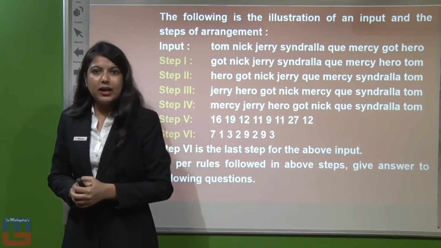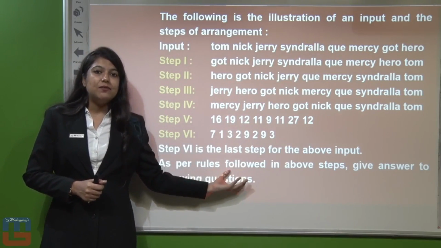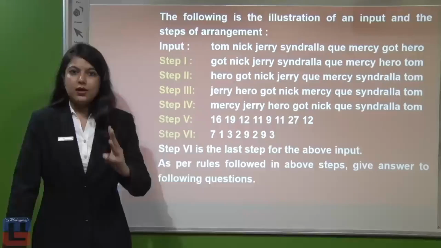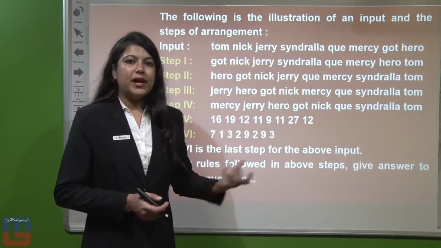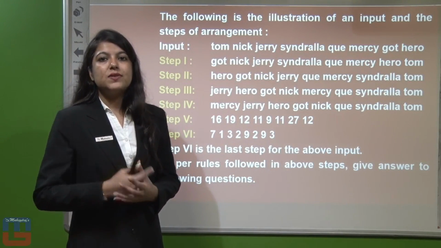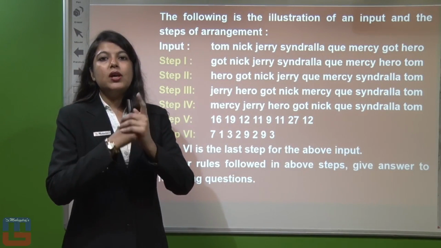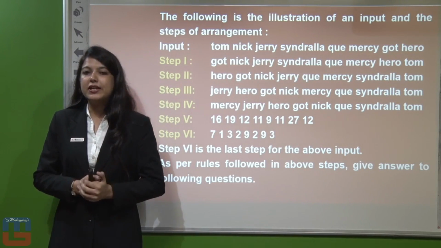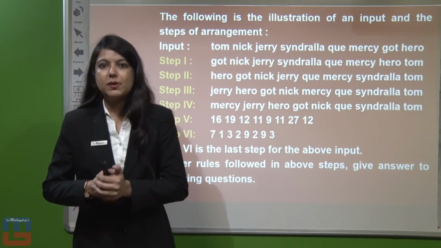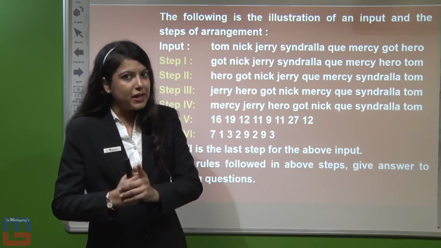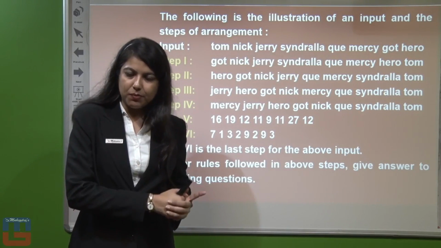There are three points to remember for analyzing an input: we see the input and find the components, then the last step shows us the arrangement pattern, ascending or descending, and step number 1 makes us understand whether it is arranged from left to right or right to left.